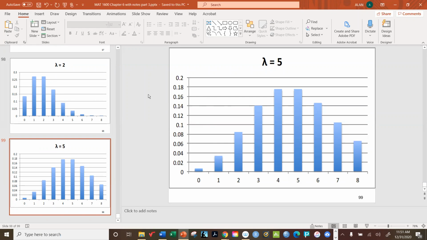So you can see these graphs are almost like fingerprints. They show you the unique characteristics of each distribution. Here with the Poisson distribution, we have an infinite number of possibilities, each one uniquely characterized by the value of lambda.